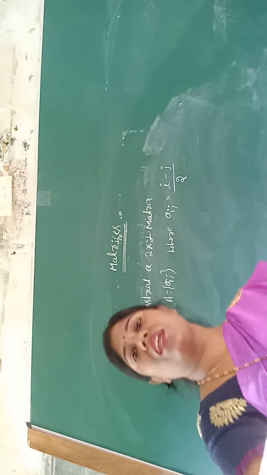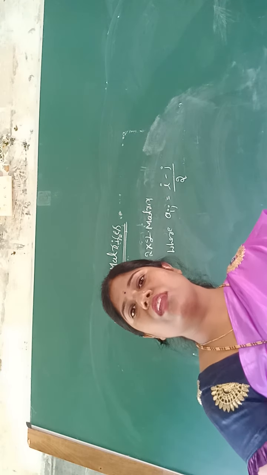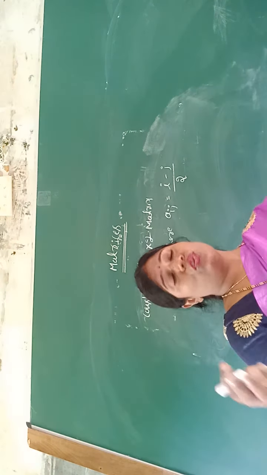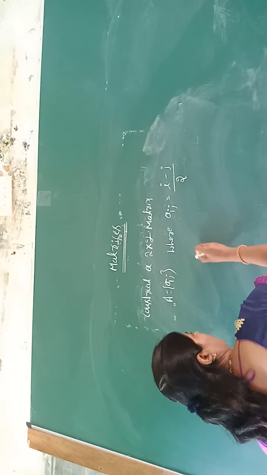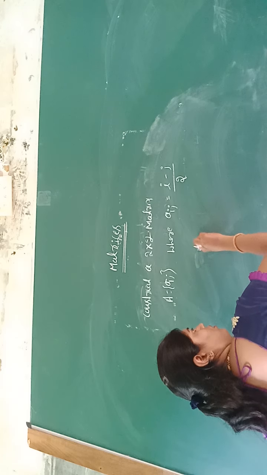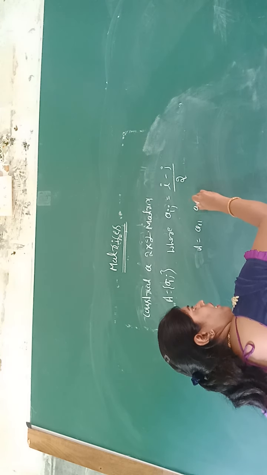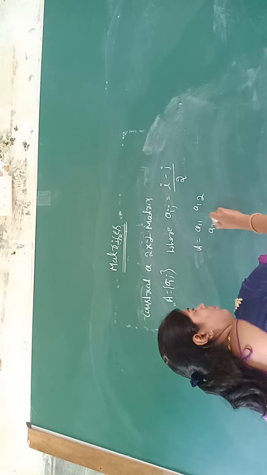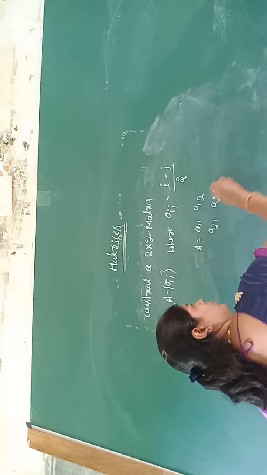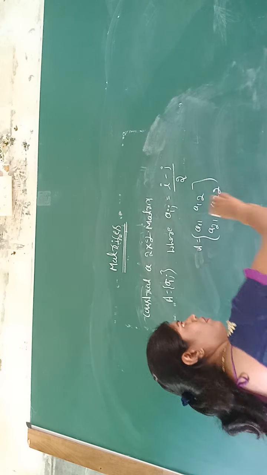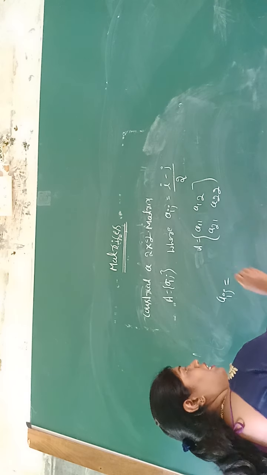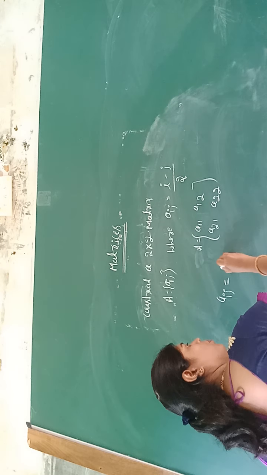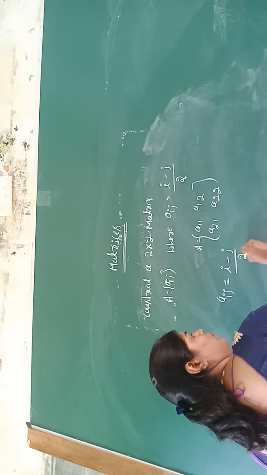We know the general form of a matrix. What is the general form of a matrix of order 2 cross 2? A is equals to A11, A12, A21, A22. So we have to substitute by using this equation Aij, the equation is i minus j divided by 2.